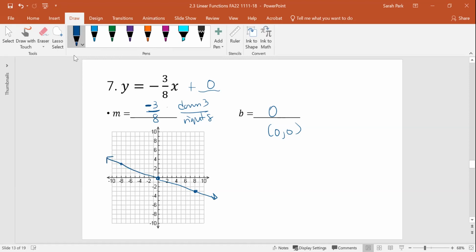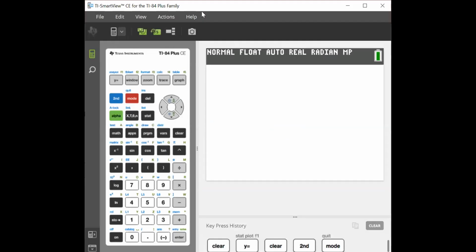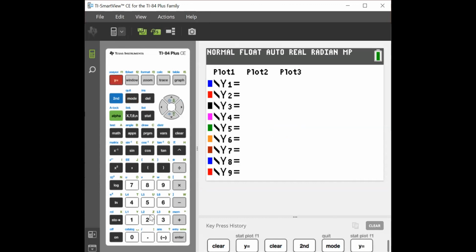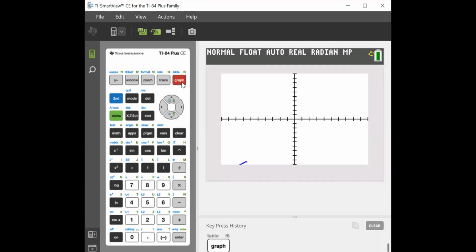We could also use a graphing calculator to graph these. Let's pull up our graphing calculator and graph number 6. Number 6 was y equals 2 over 3x minus 5. Let me go to graph.